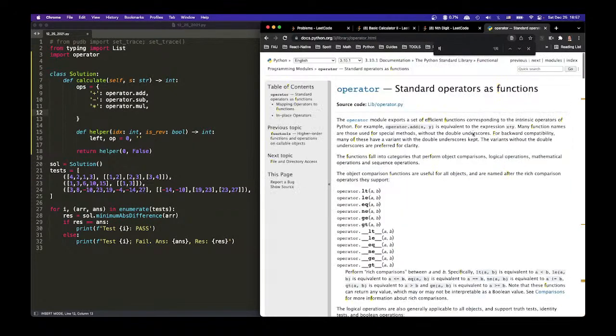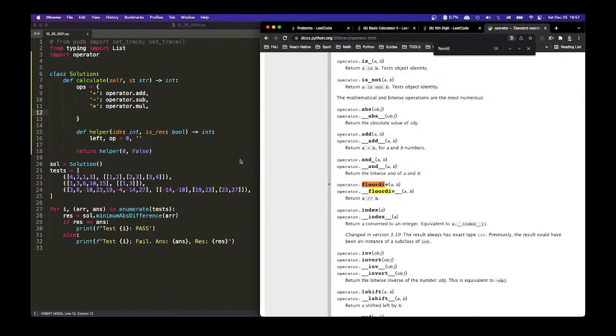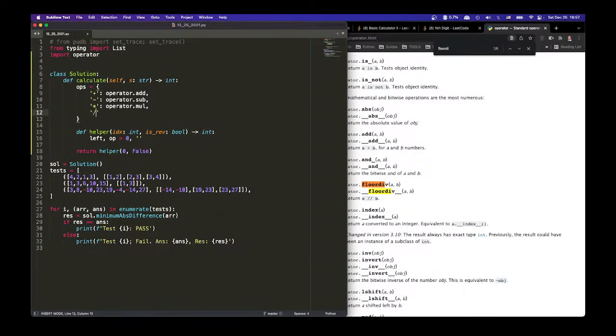So this one will be operator.floordiv. Okay, so that's the operators.